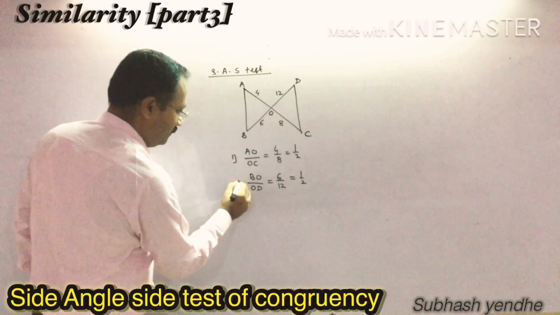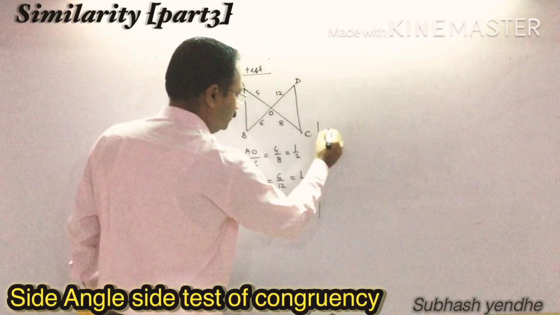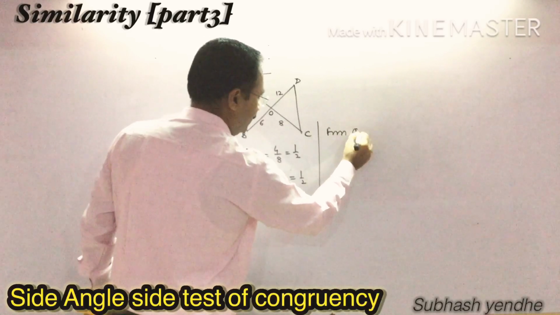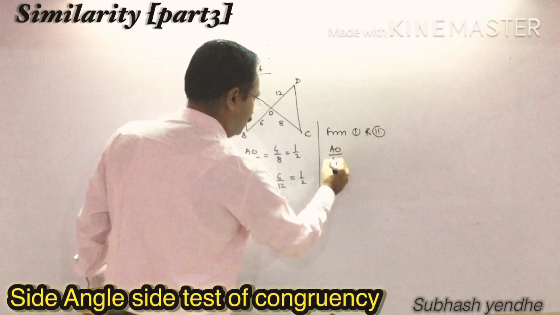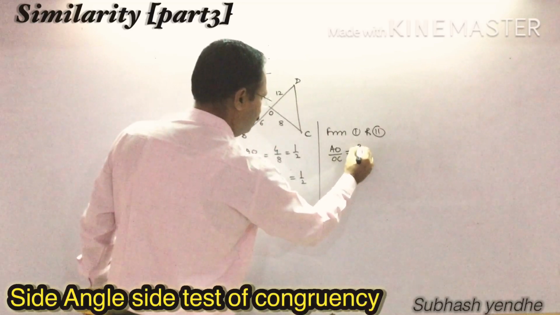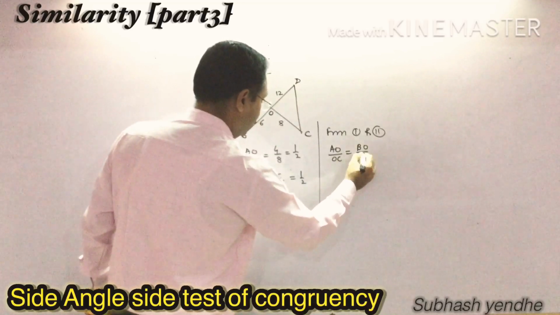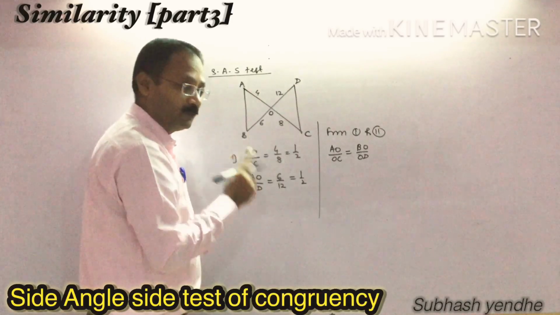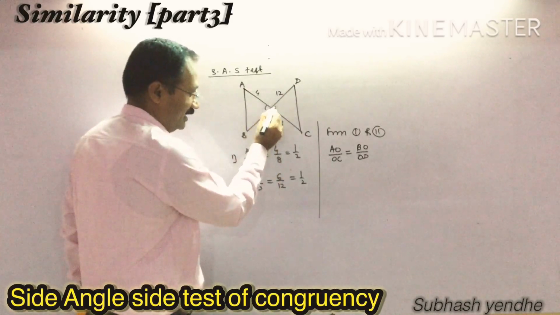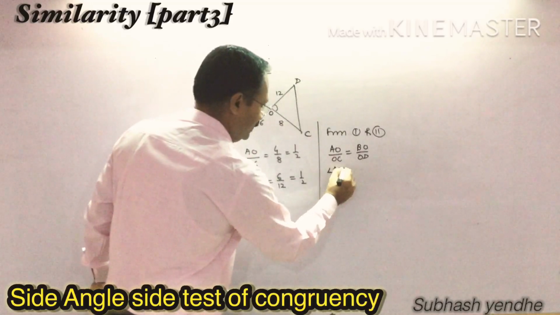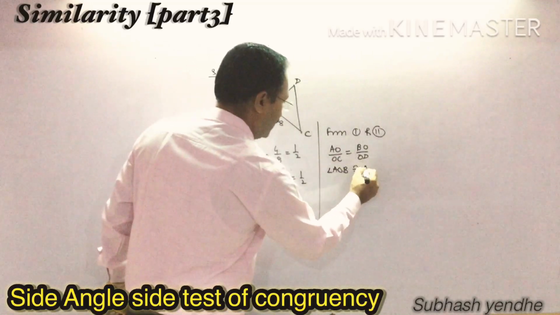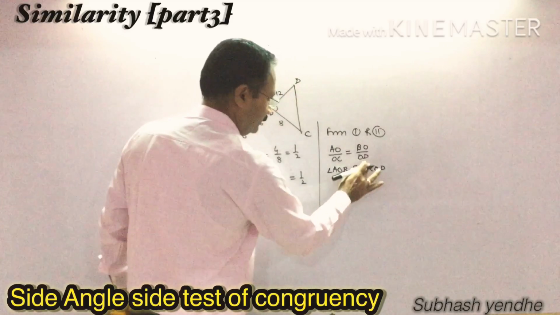So from 1 and 2, we can say that AO upon OC equals BO upon OD. Sides are in proportion and the middle angle, which is vertically opposite angle, angle AOB is congruent to angle COD.